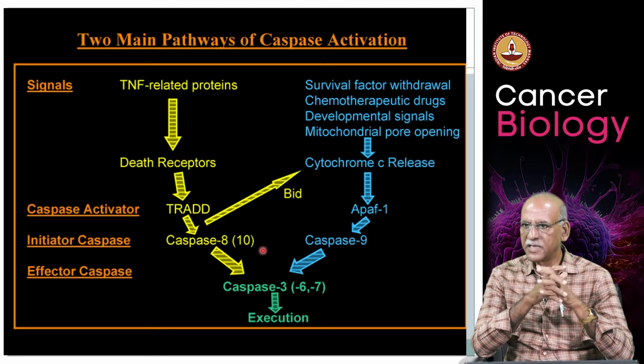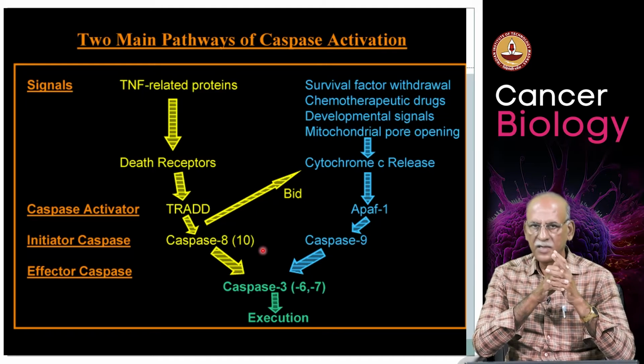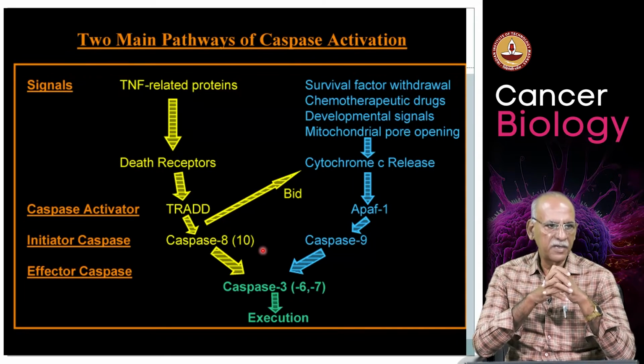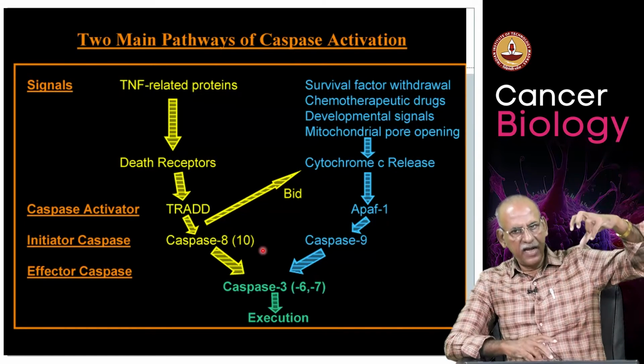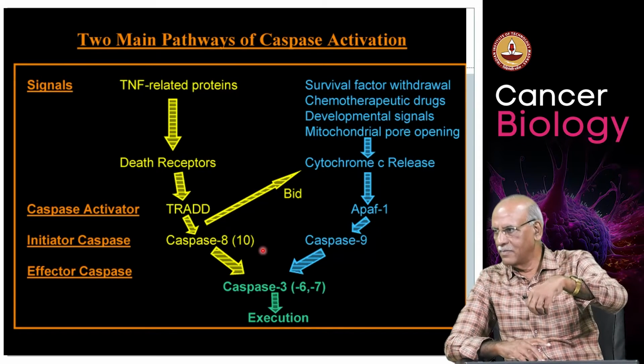The most famous example of the extrinsic pathway is the tumor necrosis factor and its related proteins, Fas also, Fas ligand. These are the two important examples. So, you have a death ligand and they have to bind to a death receptor.